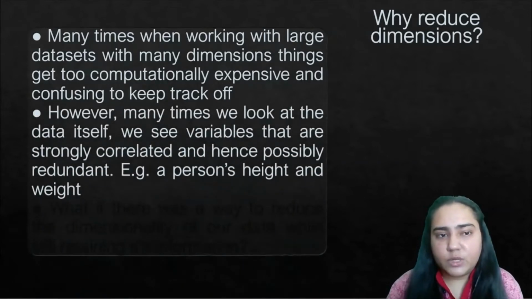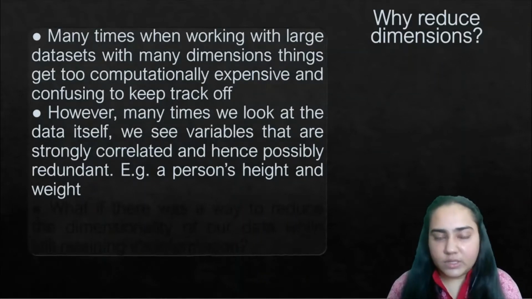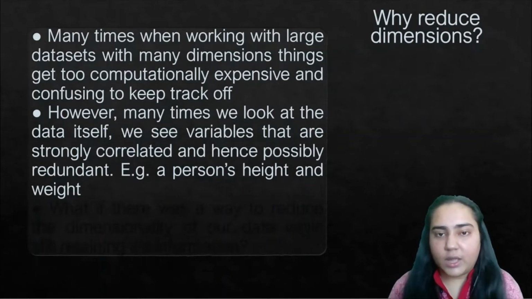However, many times we look at the data itself and we see variables that are strongly correlated and hence possibly redundant. For example, a person's height and weight. Many times when we look at data, we can actually reduce the number of dimensions that we have. If we had a person's height and weight, do we really need both?